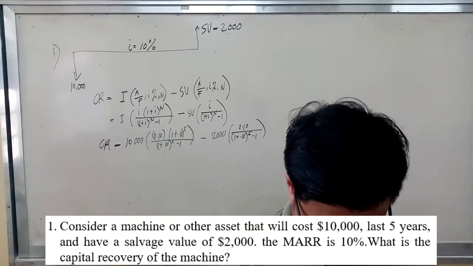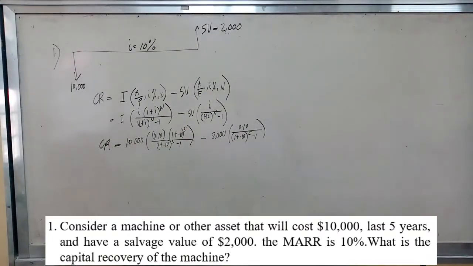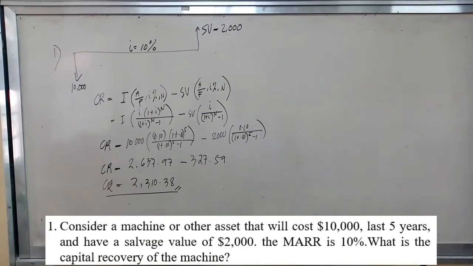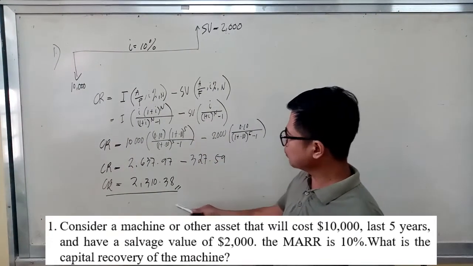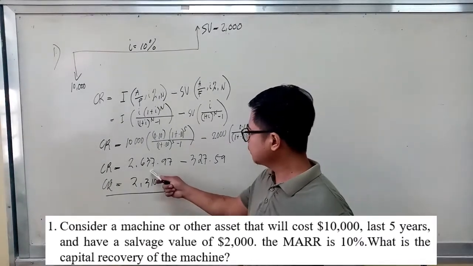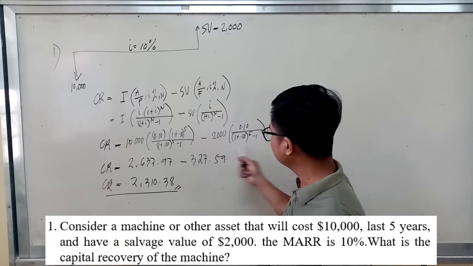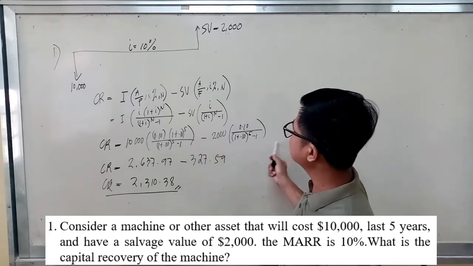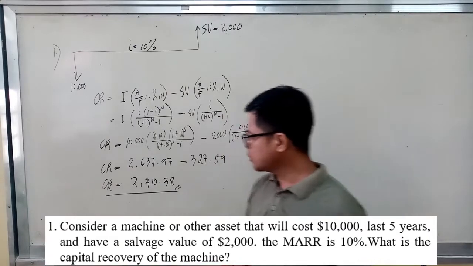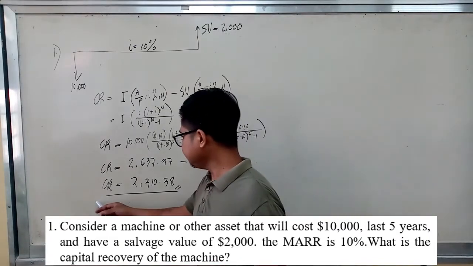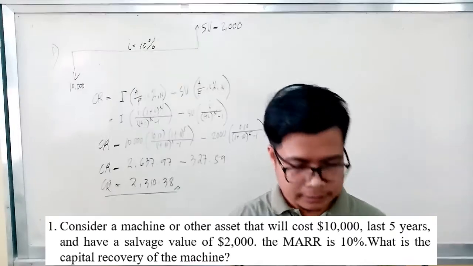So, ano yung sagot? Okay? So, ang sagot ay 2,310.38. So, ito, this is 2,637.7 and this is 327.59. So, ito yung annual worth ng 2,000. So, this is also the annual worth of the 10,000. Okay? So, the capital recovery is 2,310.38. So, ito yung annual worth ng machine to recover its investment. Okay? Yun ang ibig sabihin.